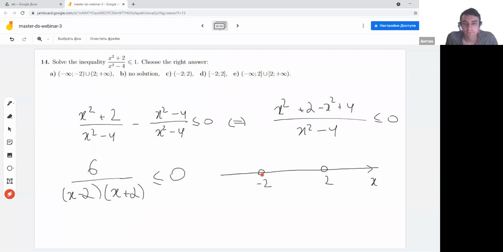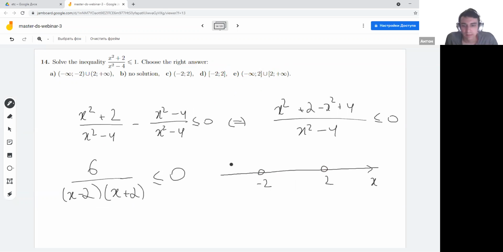Please note that the fraction is not defined at these points, because you would need to divide by 0 if you want to evaluate the value of the fraction at this point or at this point. We cannot include them in the answer. So one may already say that all these kinds of square brackets lead us to a wrong answer.